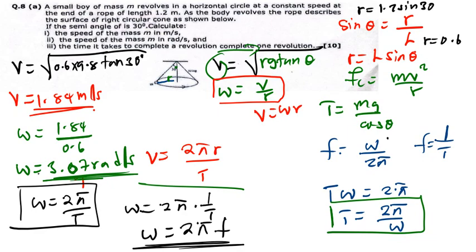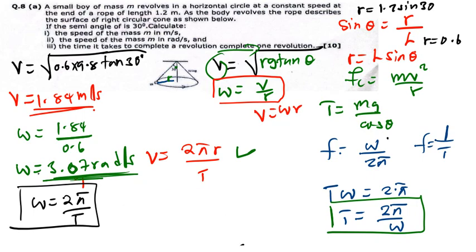Now to find the period, there are different methods which you can use. If you want, you choose, but the answer is going to be the same. I gave you this formula. You can make T the subject of the formula.